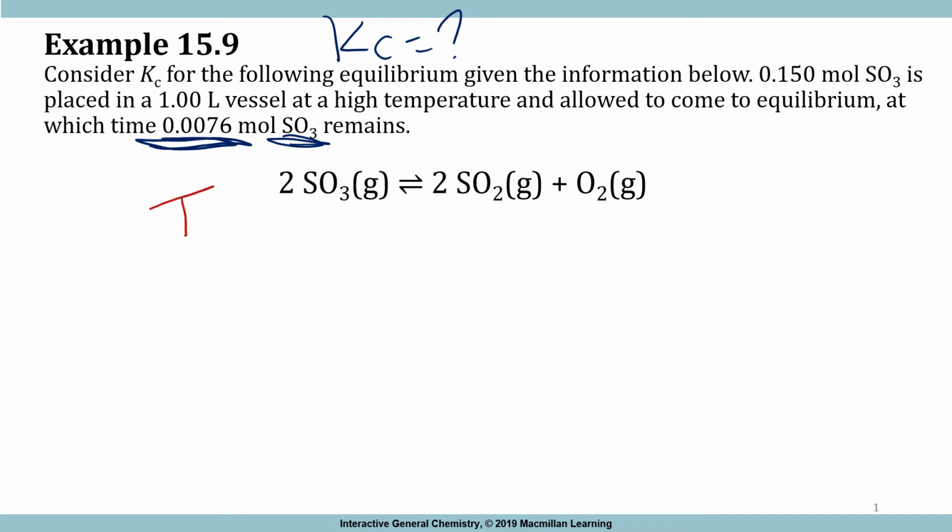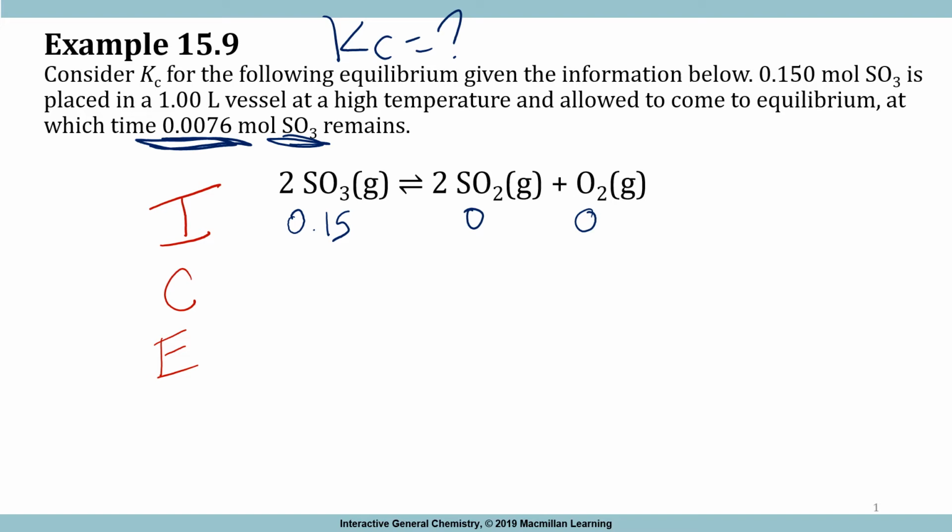We have our initial concentration, our change, and our equilibrium. Our initial concentration of SO3 was 0.15. Our initial concentration of SO2 is 0 and O2 is 0, because before a reaction even starts, we only have reactants and we don't have any products yet.